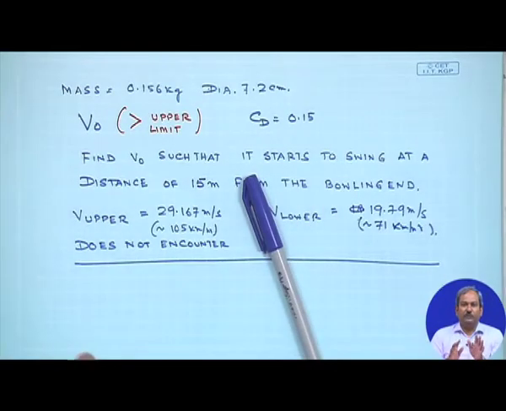How do you first think, how do you solve the problem? What happens when you throw the ball at a speed higher than the upper limit of the speed? You have turbulent flow on both sides. If you have turbulent flow, it does not swing. But as it moves in air, the drag due to air acts on the ball and slows it down.